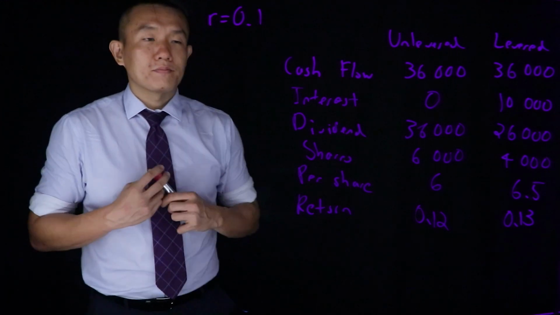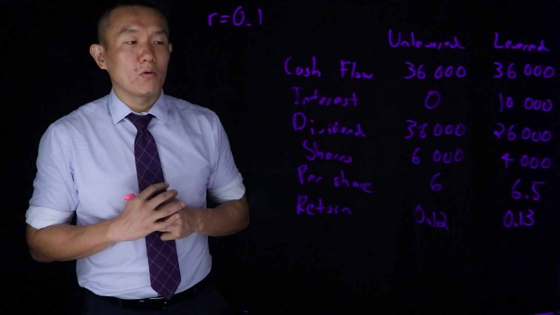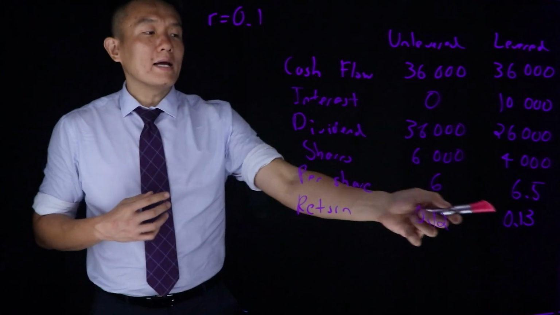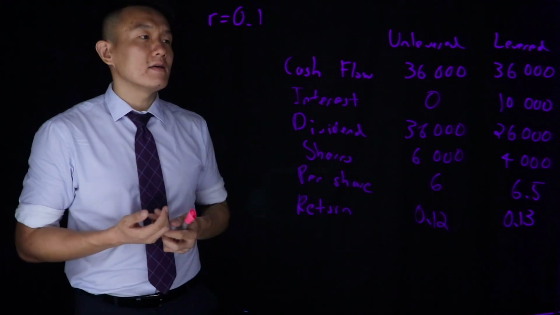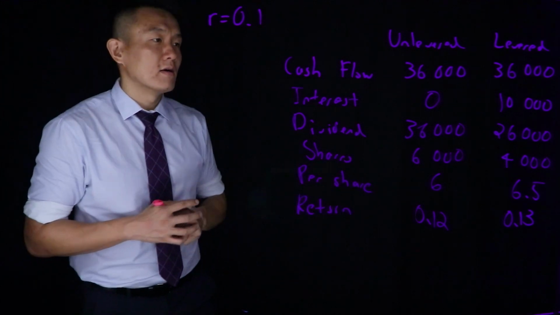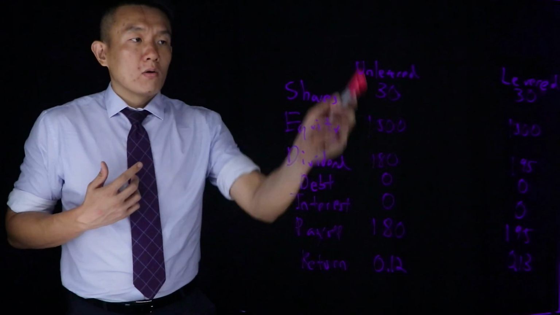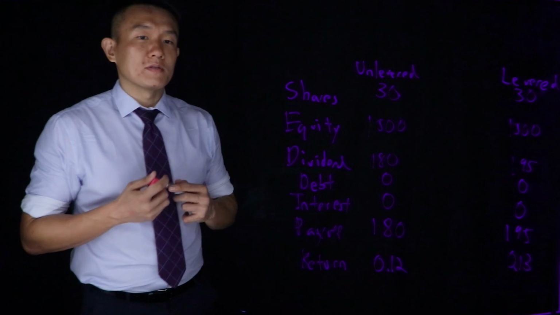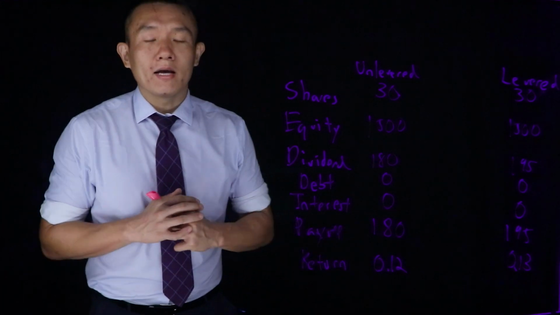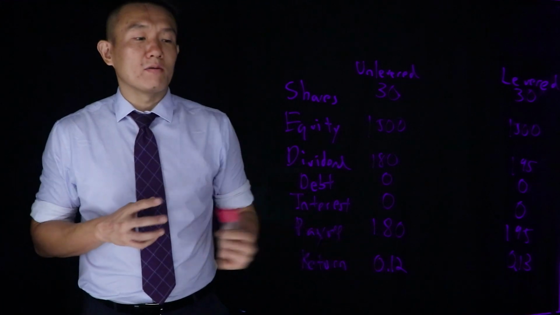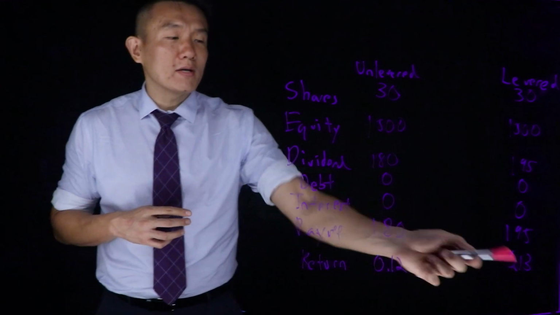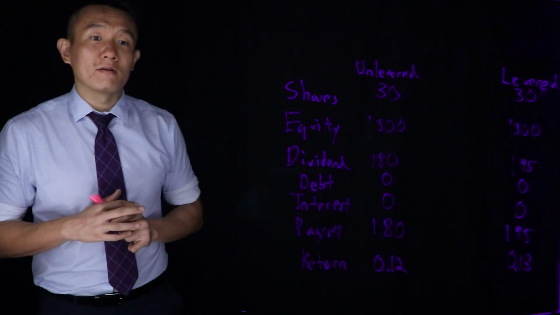So this creates a little bit of an interesting question, right? Why is it that the dividend yield is higher when the firm is more highly levered? So when we compare the unlevered firm to the levered firm, the equity in the unlevered firm had a return of 12%, but the equity in the levered firm actually had a return of 13%.